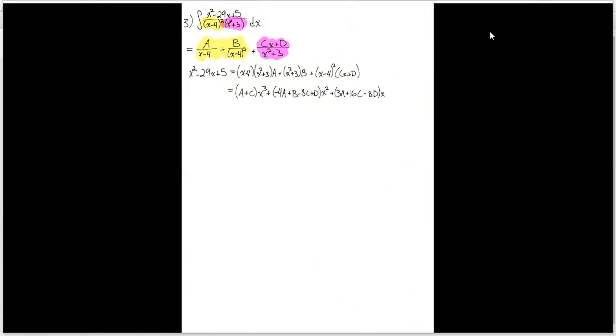And then our constant term, I'm just going to go in the next line here, minus 12A plus 3B plus 16D. Right?